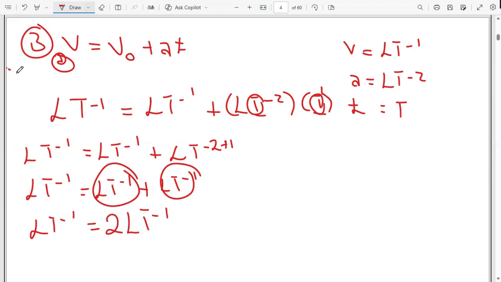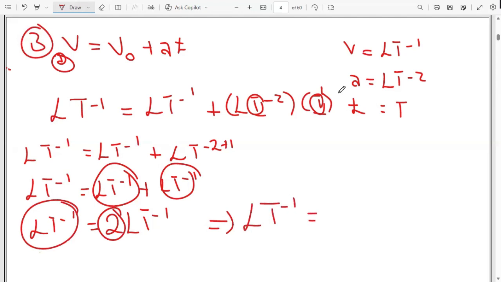Since this is dimensional analysis, remember we explained that dimensional analysis always ignores whole numbers. It doesn't deal with whole numbers, only dimensional quantities, because whole numbers are dimensionless. So we ignore the 2 since it's a whole number, and we remain with the left-hand side, LT to the power minus 1, equal to the right-hand side, which is also LT to the power minus 1.